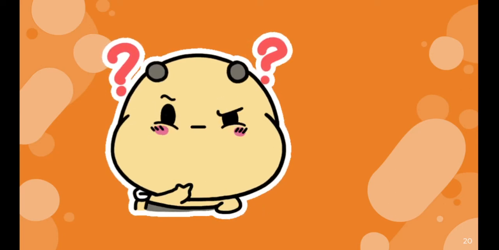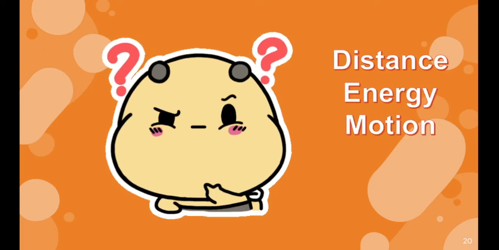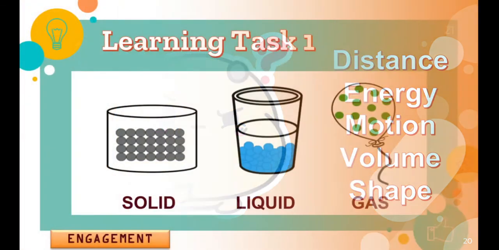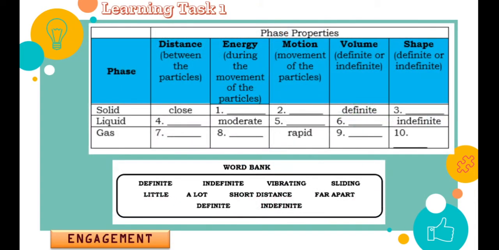What is the difference in their distance, energy, motion, volume, and shape? Look at the diagram as it shows how the molecules in this phase of matter behave. After you've examined this diagram, you must complete the table by filling up the blanks with the correct word from the word bank. You can accomplish this activity in your answer sheet.